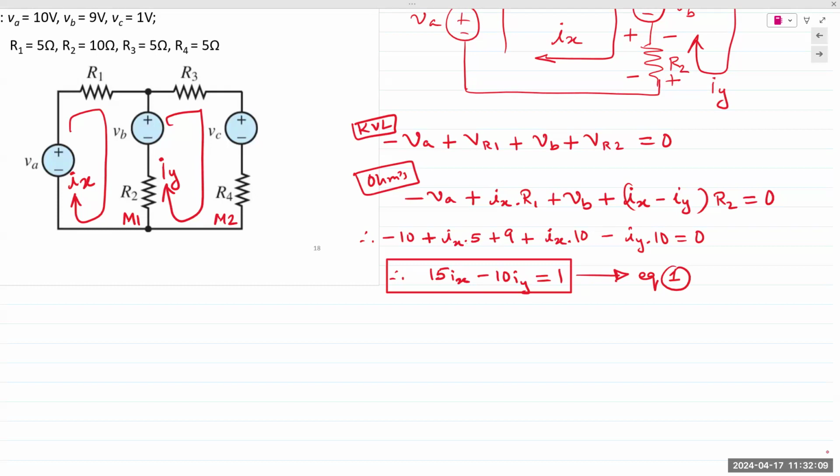So in my equation, I should have 2 terms for Ix. Make sense? If you don't have 2, then there's an error in your circuit. Does everyone see what I'm saying? All right, questions?